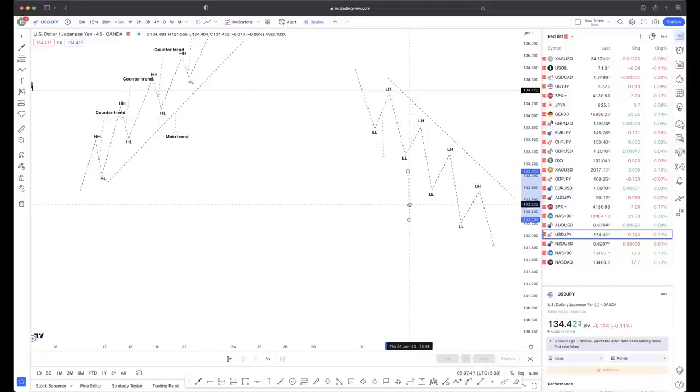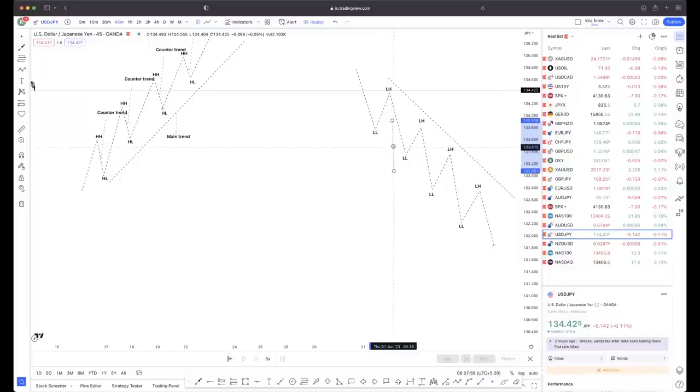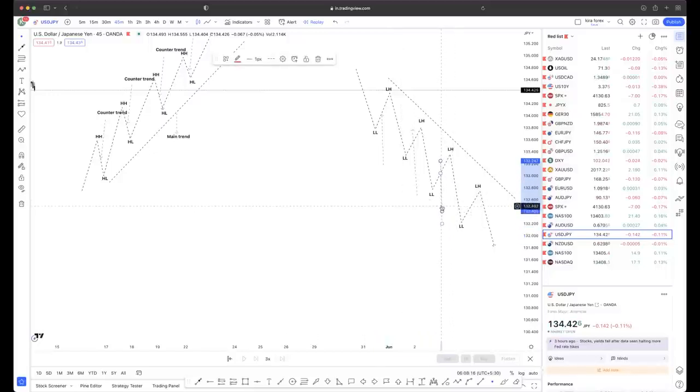As you can see, the main trend is here, and the counter trend is opposite the main trend. Like I said earlier, this is for a short term movement. So you should be able to determine if you are trading a long term movement of structure, or you are trading a short term counter trend.